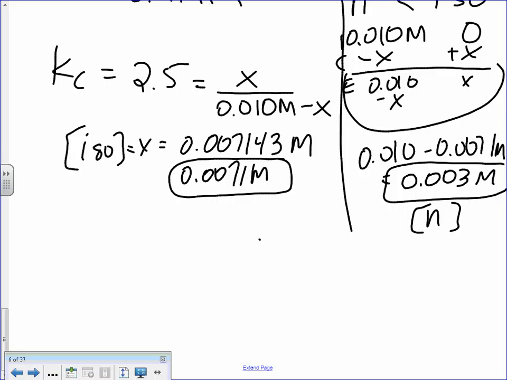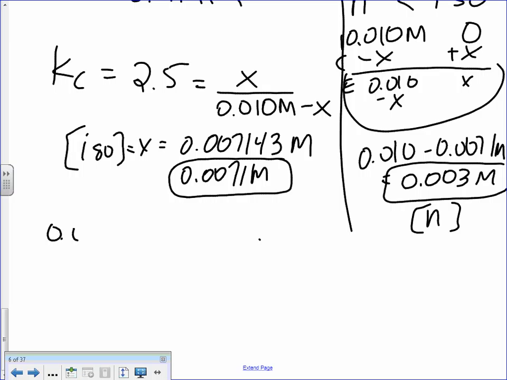But the volume is still affecting the concentration only because if the equilibrium's not shifting, the moles are the same. And if the moles are the same, that's cool. But if you decrease the volume by half, it doubles the concentration. So, for example, let's do N-butane.